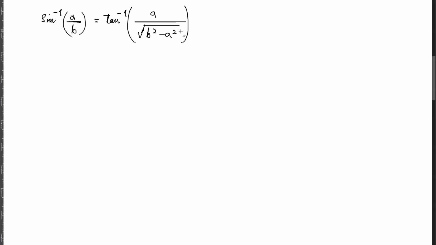I tried to get the same formula, for example, using the formula that we had before. We had 2 times tan inverse of x is equal to sine inverse of 2x over 1 plus x squared for the absolute value of x less than or equal to 1.